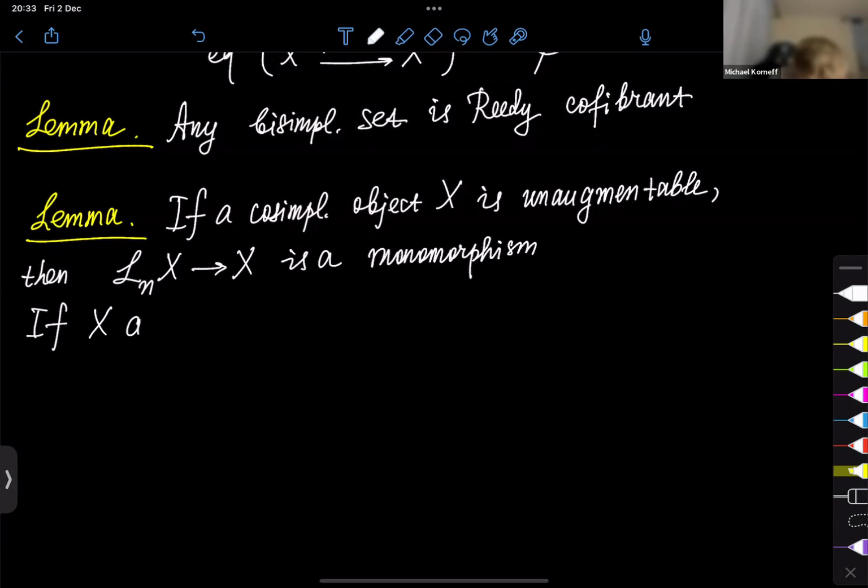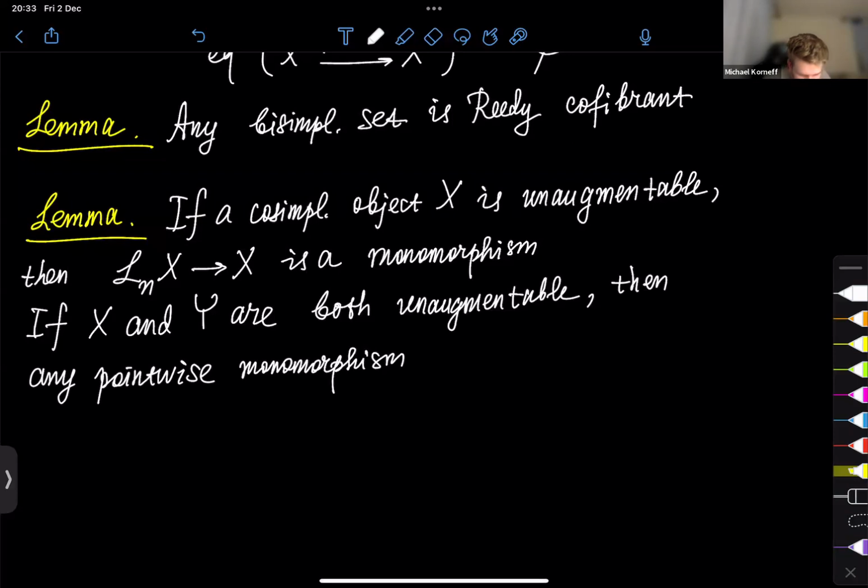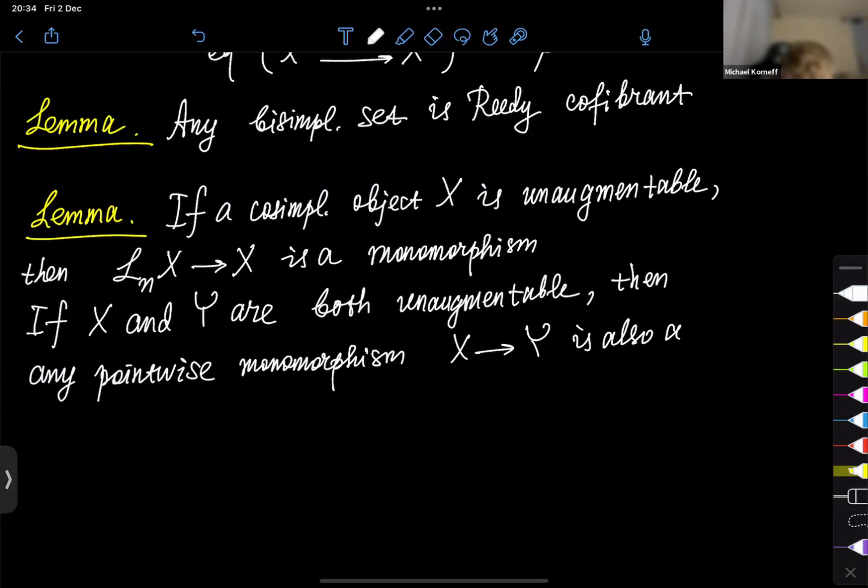If X and Y are both unaugmentable, then any pointwise monomorphism from X to Y is also a Reedy monomorphism.